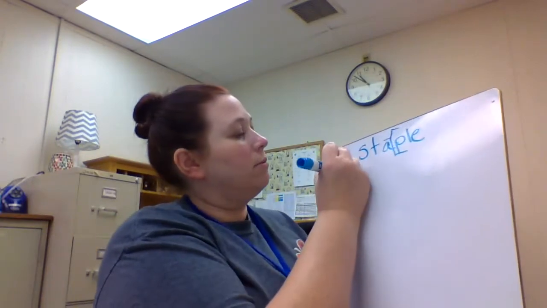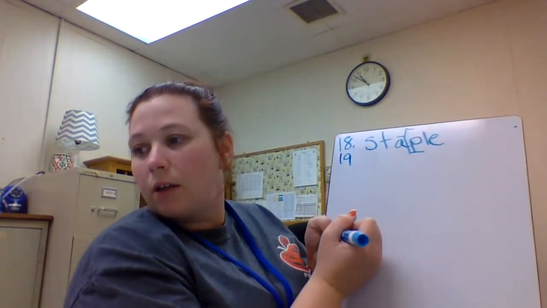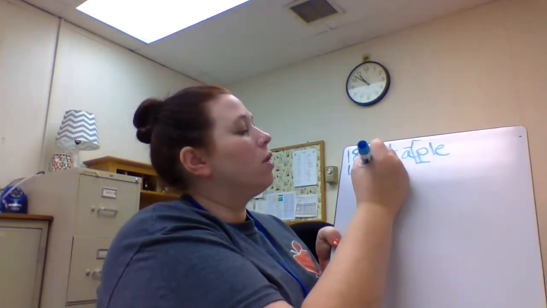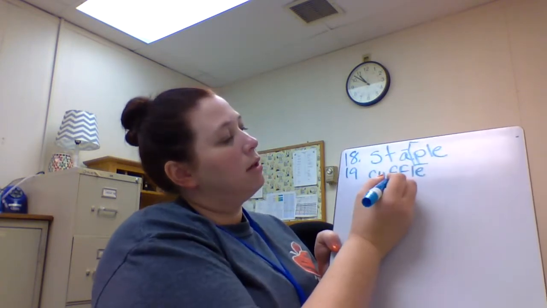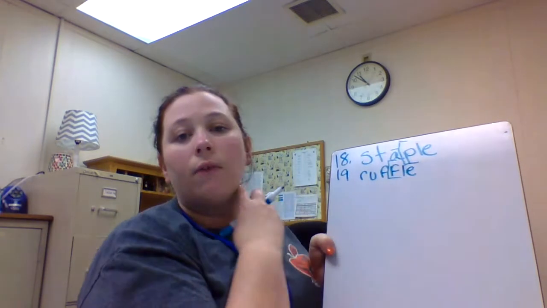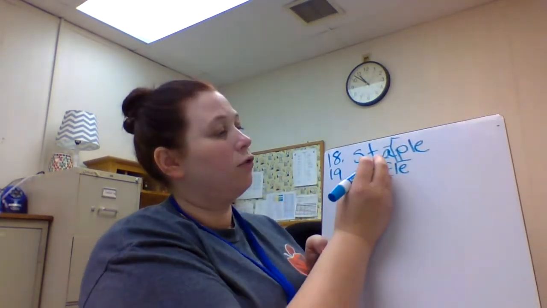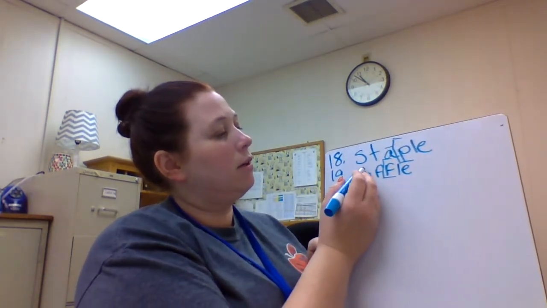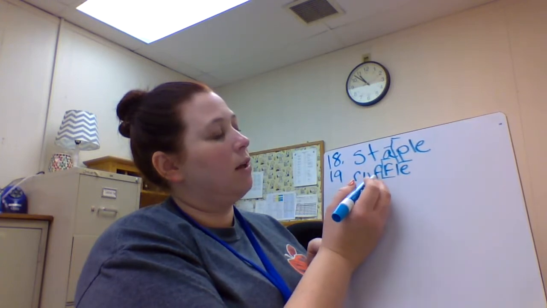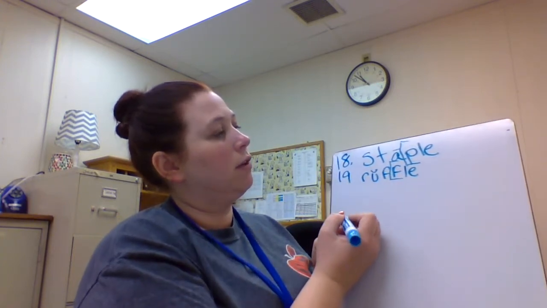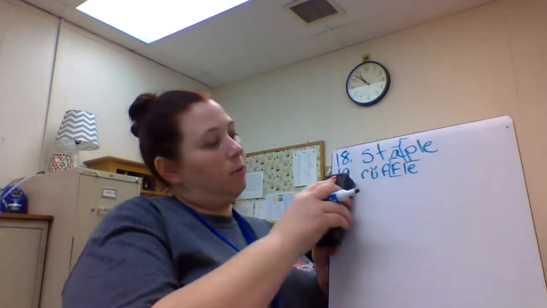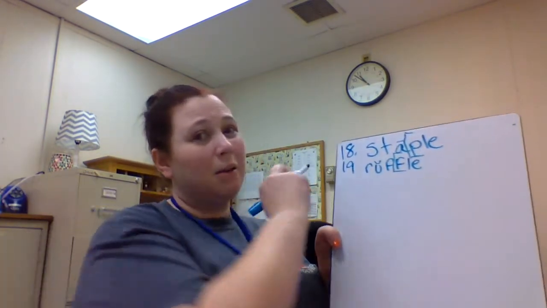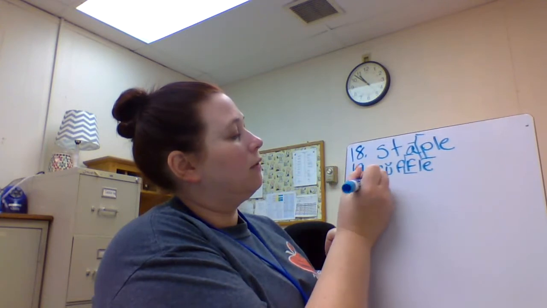All right, number 19, ruffle. Again, we're going to bracket off our FLE, not both F's, just the one. And then because we have that vowel consonant, we know that U gets a breve.